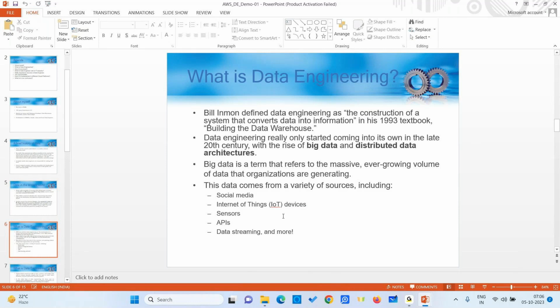So the major role of a data engineer is to get the data ready, and that data will be used by the end users, that is data scientists and data analysts.